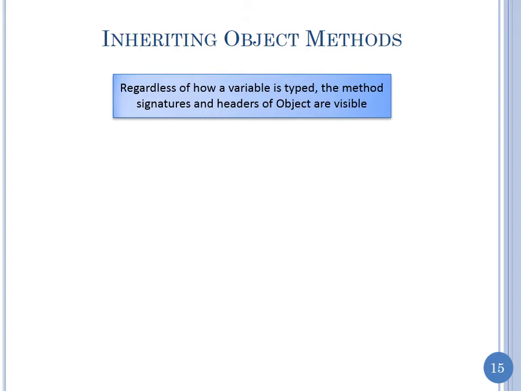But you can, for practical reasons, always invoke the equals method on a variable, because we know that every object ultimately has that method, even though the interface doesn't have it explicitly. So regardless of what interface is used to type a variable, we can invoke Object methods. Okay.